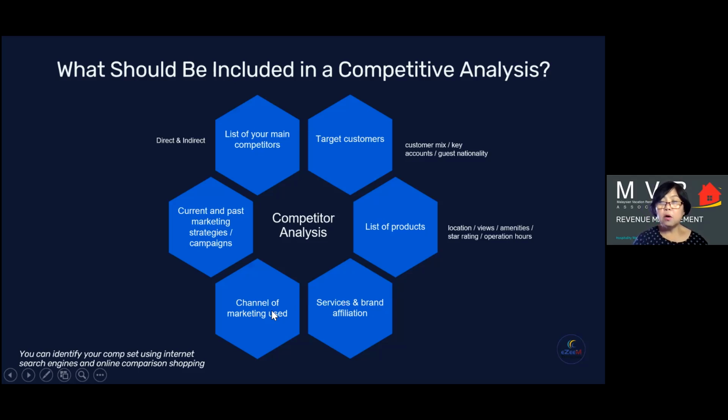Your WhatsApp marketing, Instagram, and Facebook, email marketing. These are all channels of marketing. You also look at current and past strategies on your campaign. Of course, you list your competitors. This will be the first one, yeah? Okay.